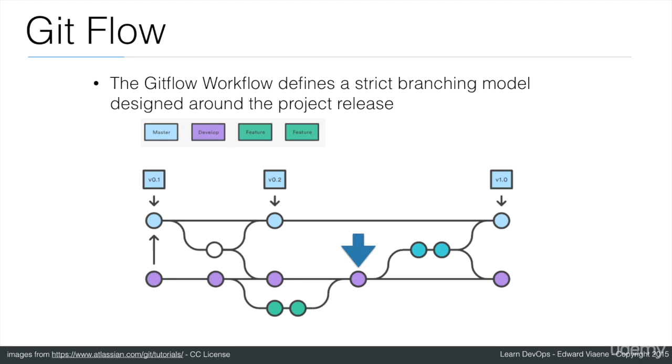Then, when the team wants to do a release, they will prepare a release and merge develop back in master. You can also have intermediate hotfixes that branch from the master branch. The Git flow workflow makes working with Git a lot cleaner, and there are a lot of companies adopting this workflow. This is a very high-level overview. If you want to know more, check the link provided in the notes of this course.